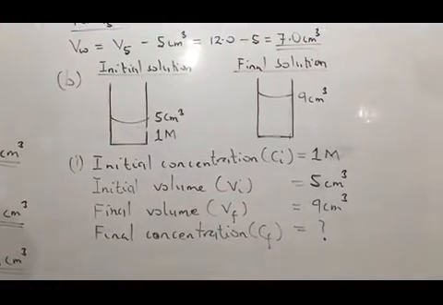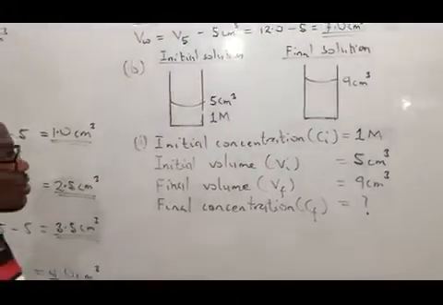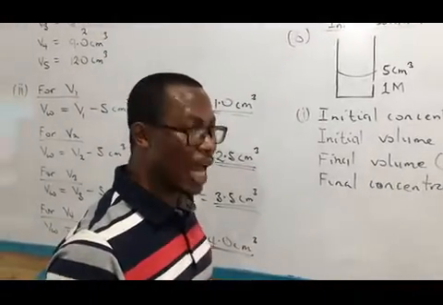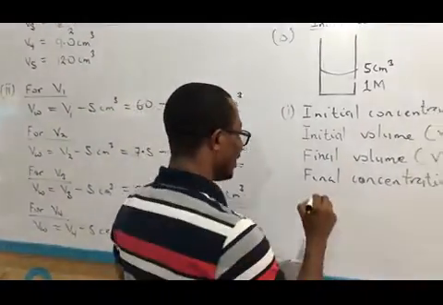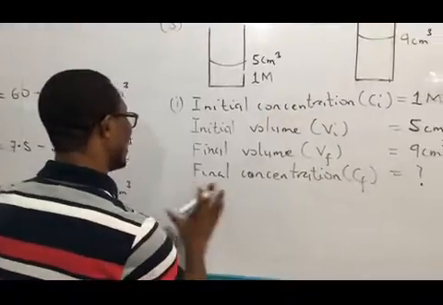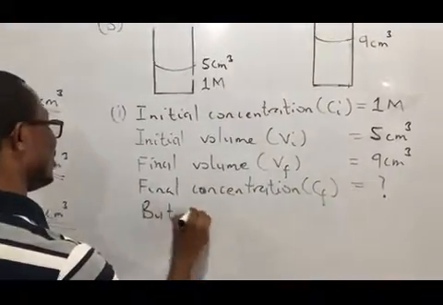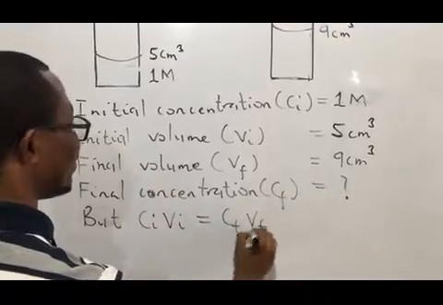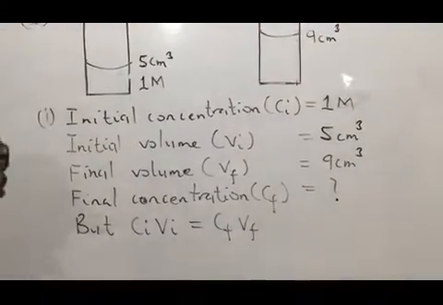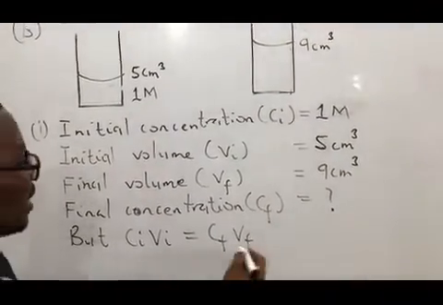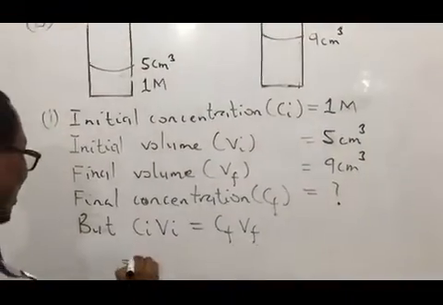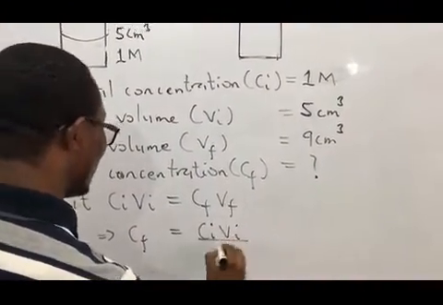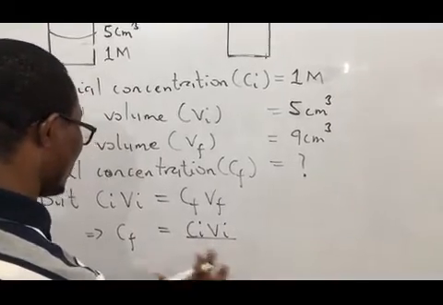If you recollect, one equation we came across during dilution in theory is what we refer to as the dilution equation, and it is given as CiVi equal to CfVf. You are looking for Cf, so you make Cf the subject by dividing both sides by Vf. If you do that, your Cf becomes CiVi over Vf.